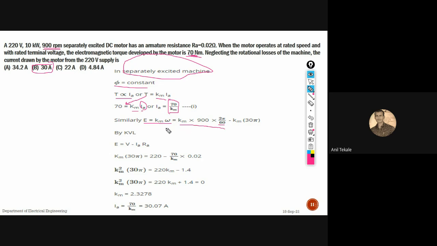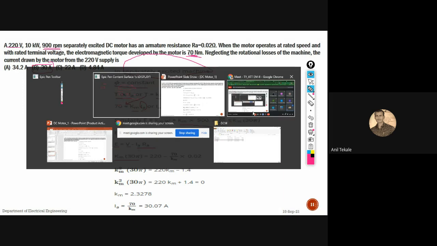With that reference, if we apply KVL, that means V minus Ia Ra. Here V is nothing but Km omega. So Km 35 is equal to 220 minus, where V is given as 220, and the Ia value we had calculated here.